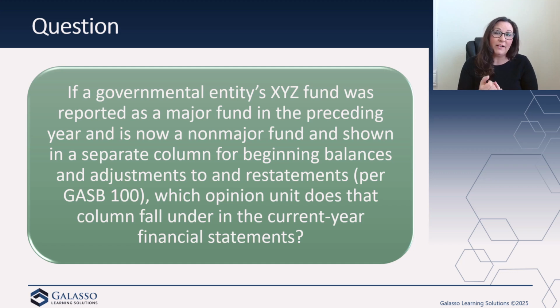So our non-major governmental funds and enterprise funds, internal service funds, and our fiduciary funds. So really, the question here is what opinion unit would the column for the beginning balance plus or minus those adjustments or restatements of that previously major fund, transitioning into the current year to a non-major fund, be a part of?